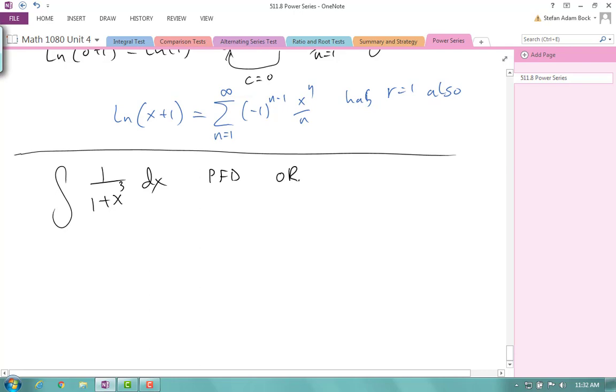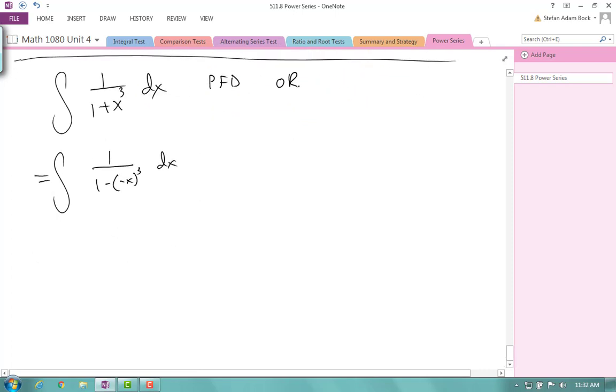Or I could find a power series for the thing inside the integral. It's equal to 1 over 1 minus negative x cubed. So this is equal to a power series when the power series converges.